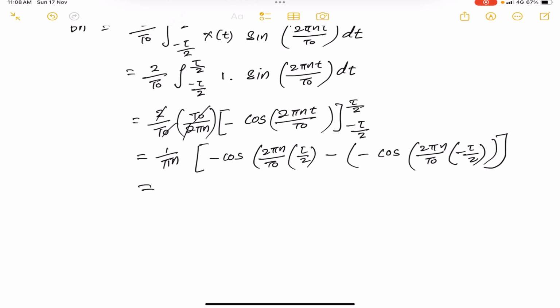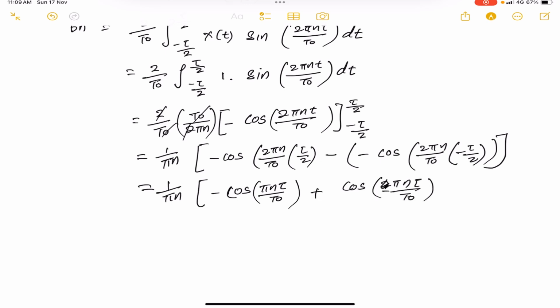So what do you get? 1 over pi n negative cos pi n tau over T0. Negative, you get positive cos pi n tau over T0. This is negative, so negative positive still remains, which means that if you bring out this one, you can get negative.